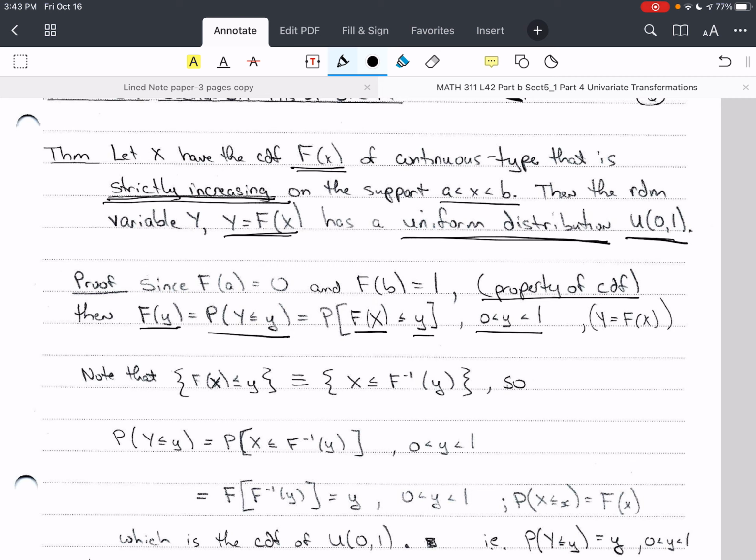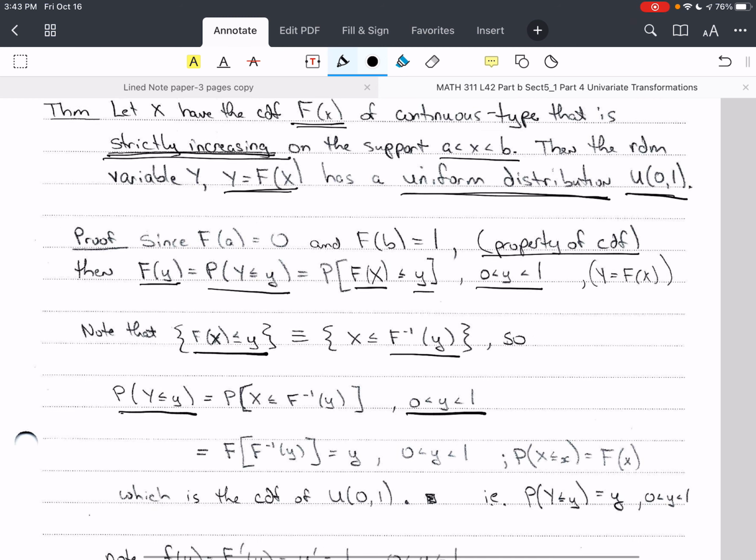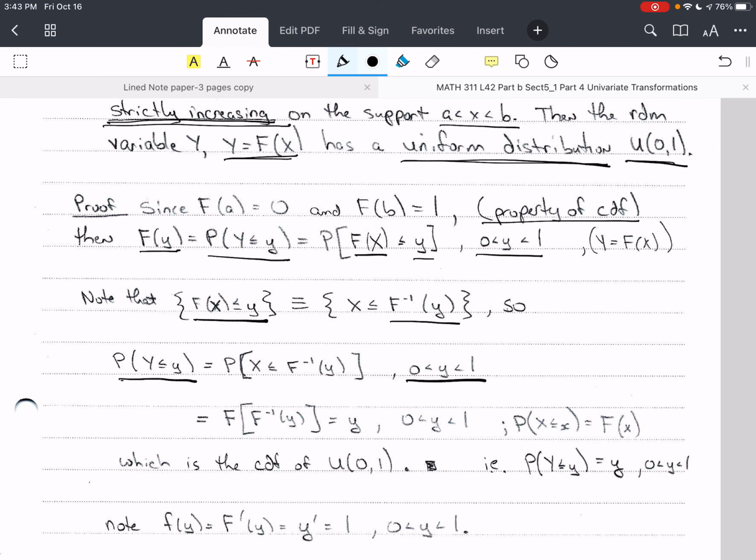Note that this set, F of X less than or equal to y, is identical to, taking the inverse transformation, X less than or equal to F inverse of y. So the probability that Y is less than or equal to y is the probability that X is less than or equal to F inverse of y, for y between 0 and 1. And then I can now take the F function of the inverse, and that gives me y.